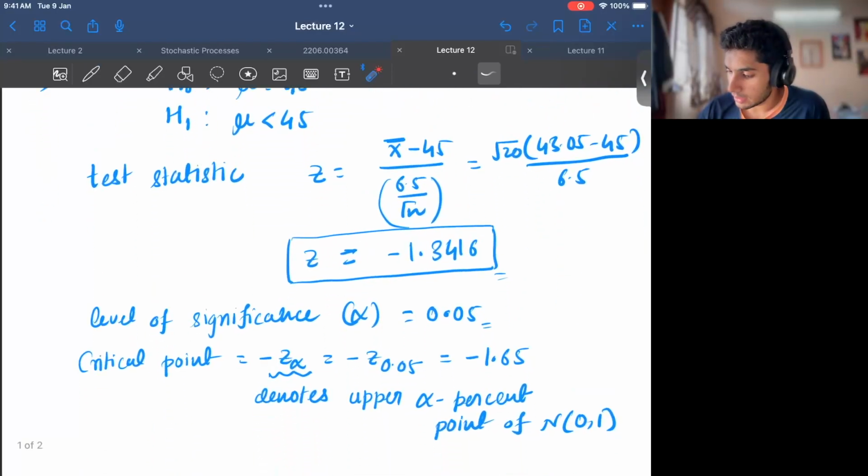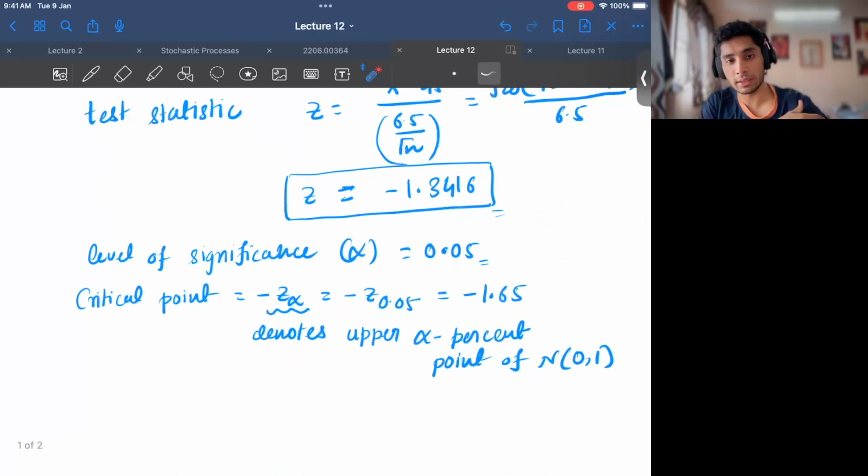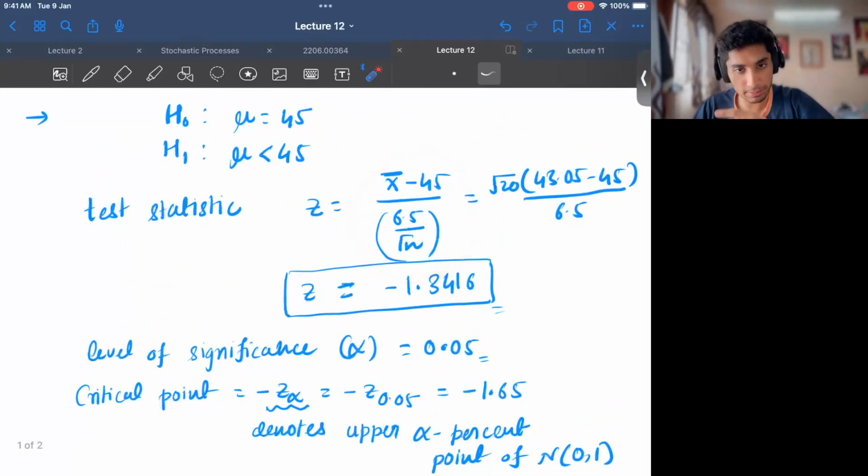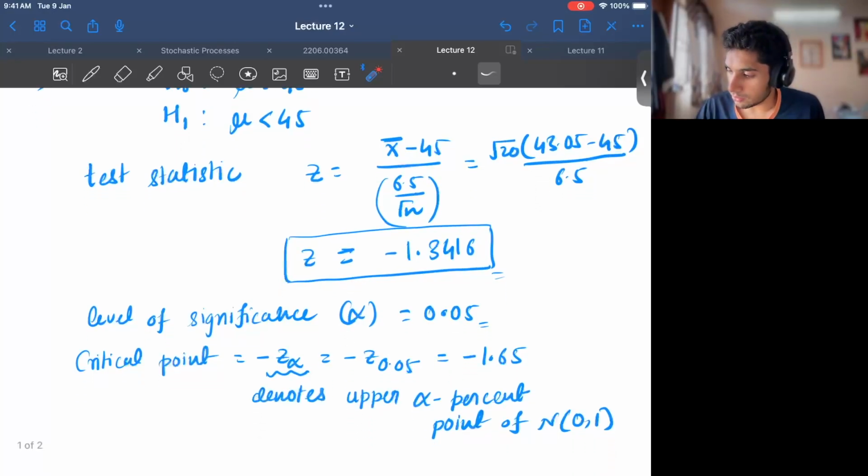You should know that when the population variance is known to you, the test statistic is just the normalized version of your x bar. So you take x bar, subtract the mean, divide by the standard deviation, and whatever comes out is your test statistic.